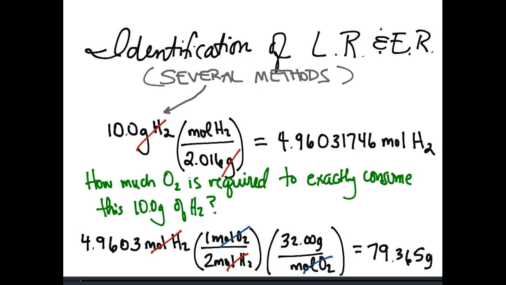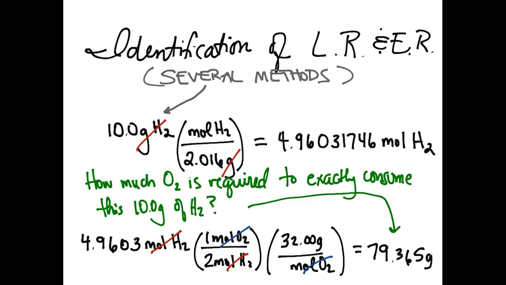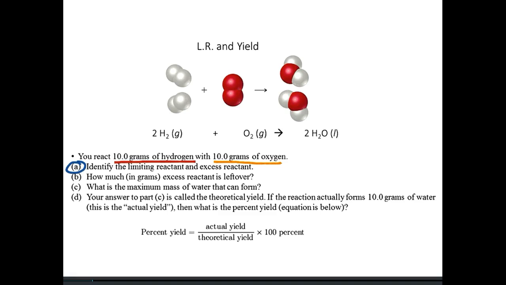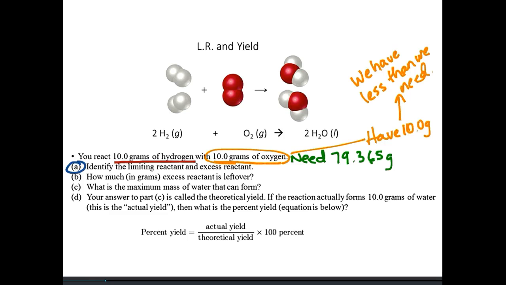So you take that mass of oxygen and you compare it to what's given in the problem. What's given in the problem is 10 grams of oxygen. So what this means is that if we have 10 grams of oxygen, but we need almost 80 grams of oxygen, that means that we have less than we need.